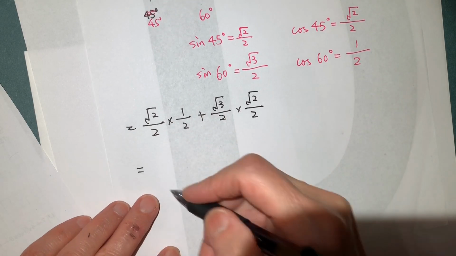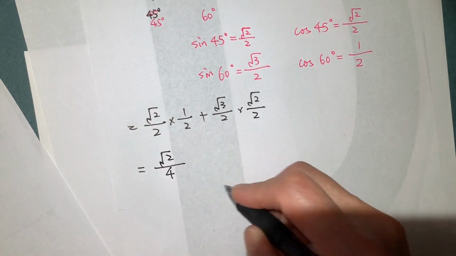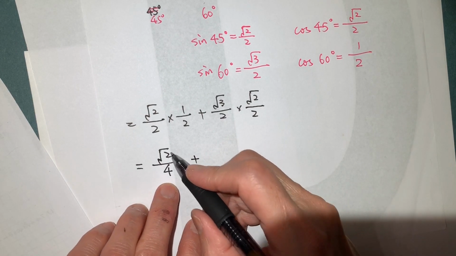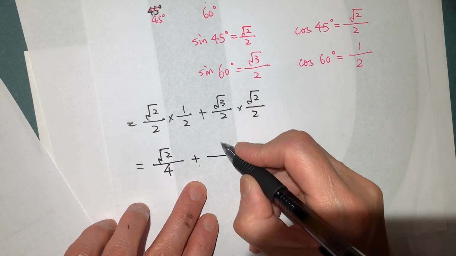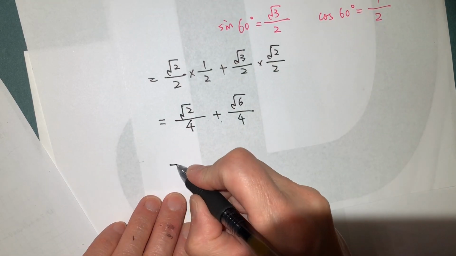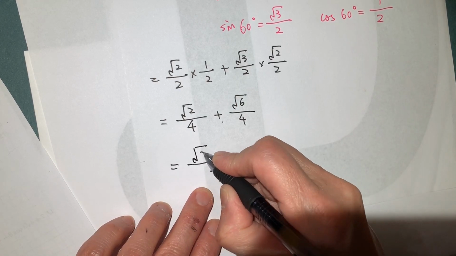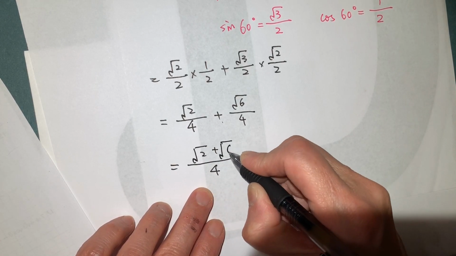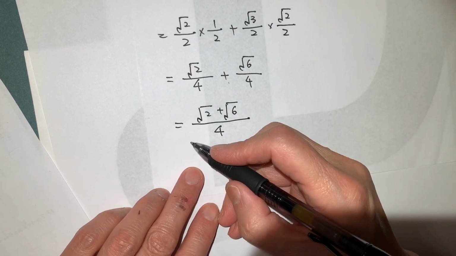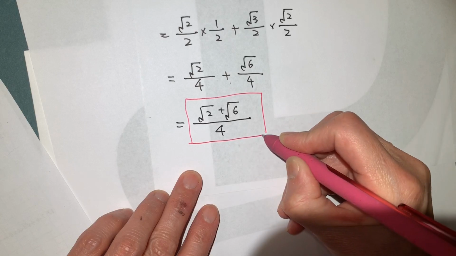So it becomes root 2 over 4 and root 6 over 4. So we can combine them together: root 2 plus root 6 over 4. So this is the result for question number 7.